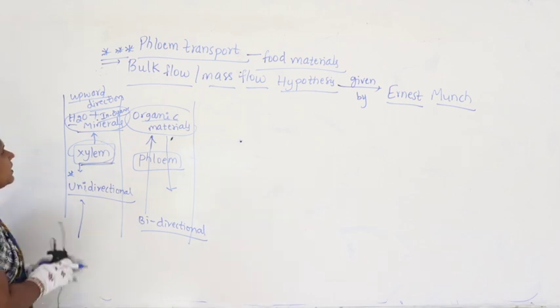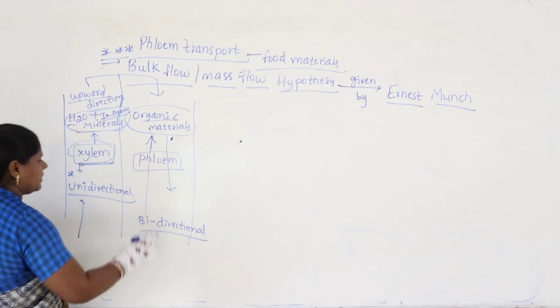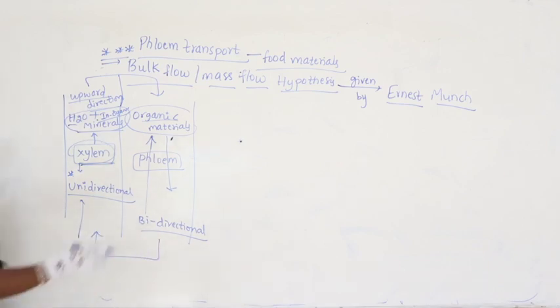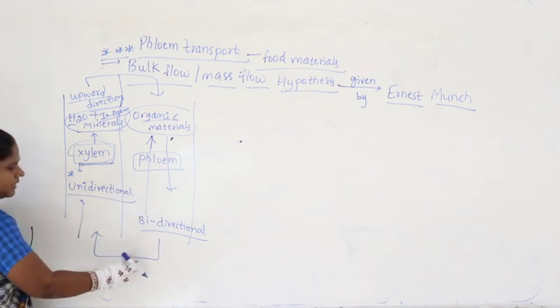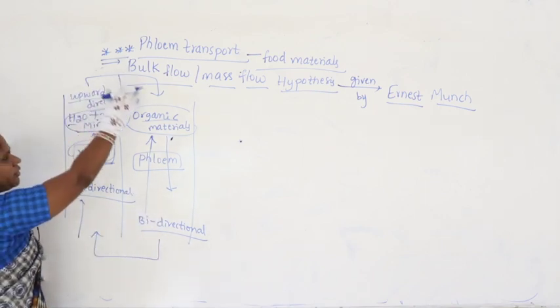Now, what happens here is, if you take the shoot system, there is an exchange of materials between xylem and phloem. From the phloem, some materials will enter into xylem. From the xylem, some materials will enter into phloem.